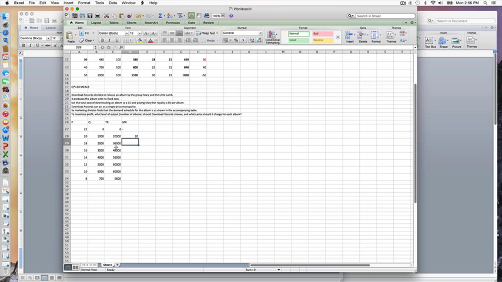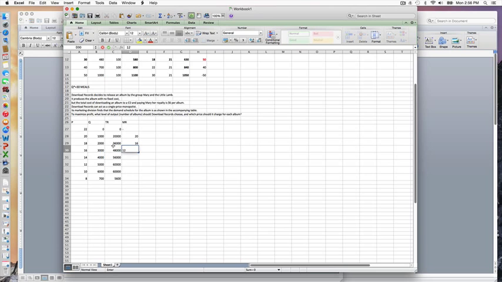Okay, 36,000 minus 20,000, that's 16,000. 16,000 divided by 2,000 minus 1,000, which is 1,000. So that's going to be 16. 48,000 minus 36,000, that's going to be 12,000. Difference divided by 1,000 again.